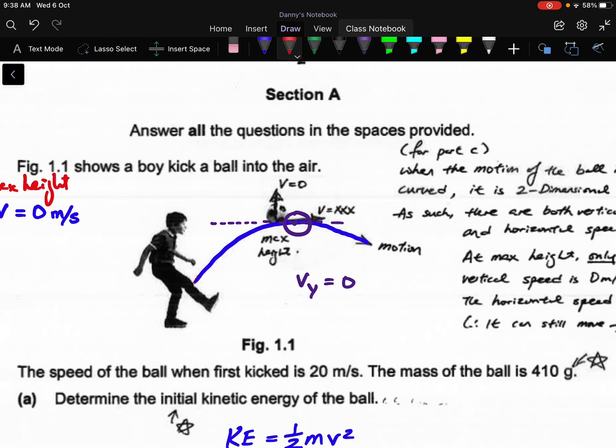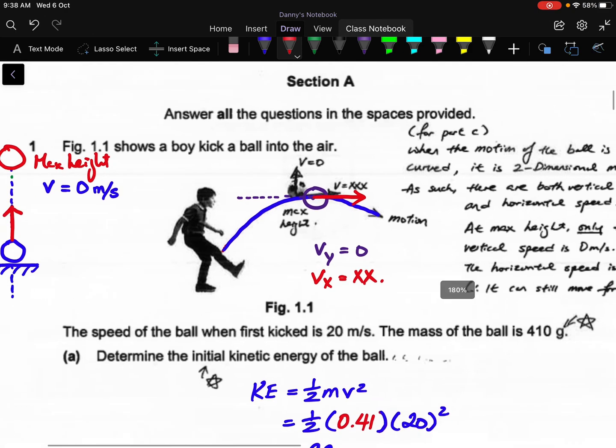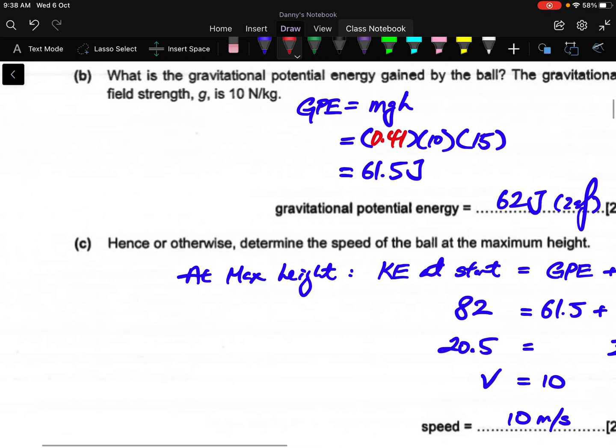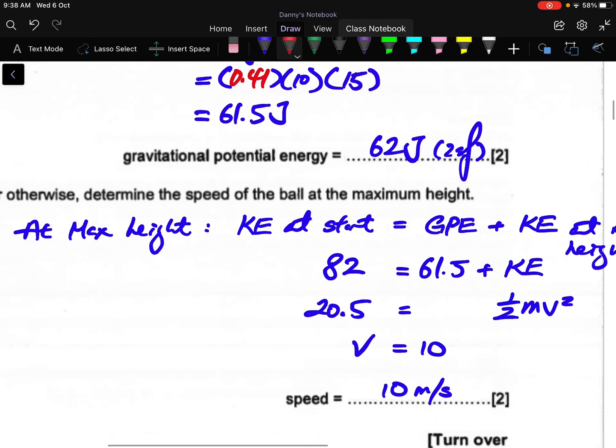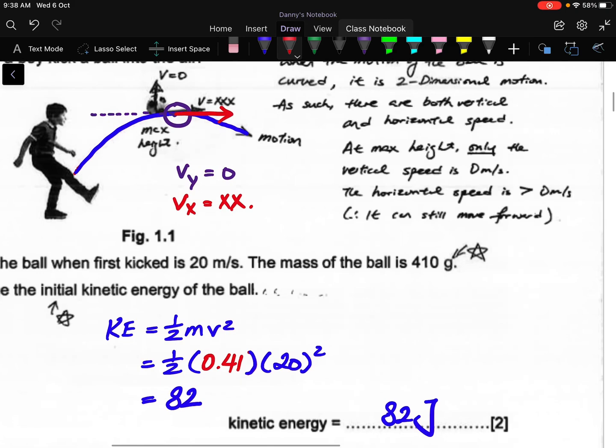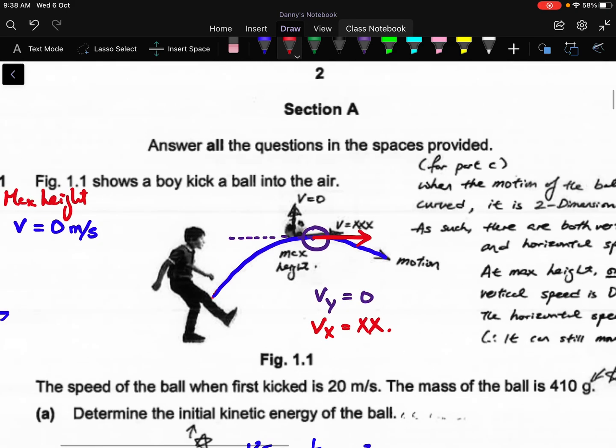But because this object is still moving forward, the Vx is still equal to something. This is also the reason why when the ball is at maximum height, there is still speed. You also notice that they didn't use the word velocity here, they used the word speed. This is how PHS tries to water this JC kind of question down to the secondary syllabus.